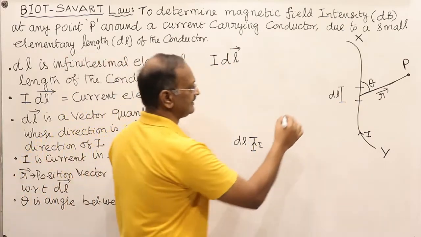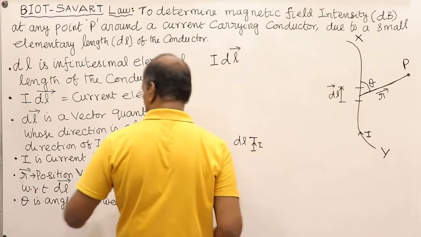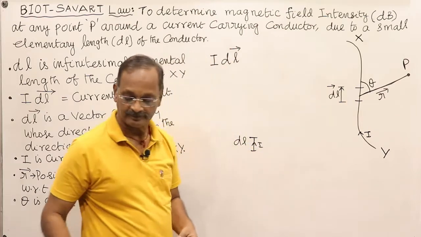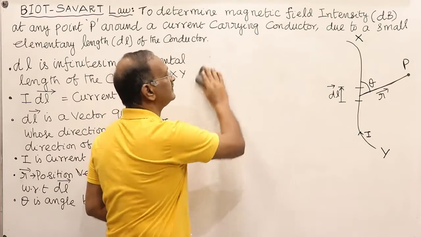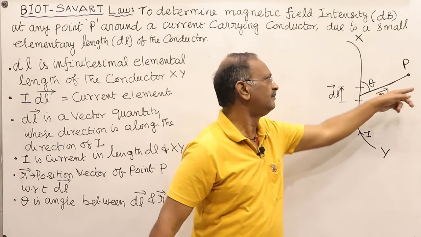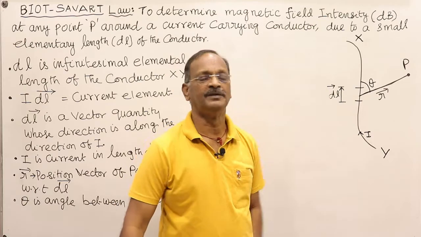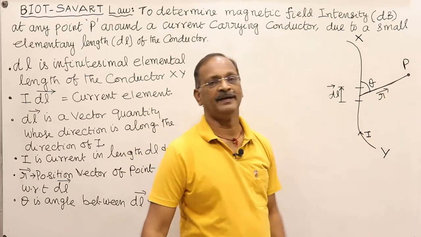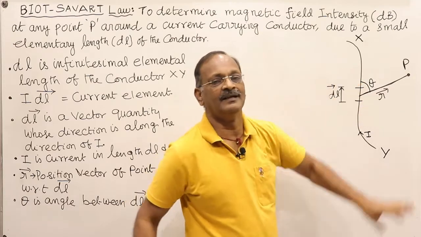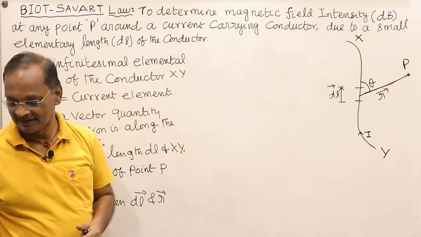This direction is the dl vector, this is the r vector, so theta is the angle between the dl vector and the r vector. It will produce a magnetic field at this point, and at this point also. First let us find out what magnetic field intensity this small elemental length is producing at that point.